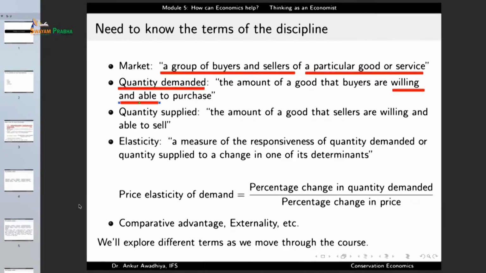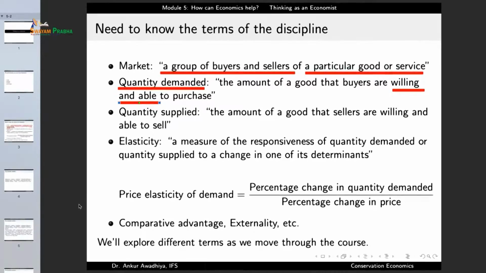Now, if you freeze the account of a potential buyer, in that case, this buyer is no longer able to procure the goods, and so the amount of quantity demanded in the market will go down. And as the quantity demanded goes down, the price will go down, and it will no longer be profitable for the seller to go and poach a tiger and bring it to the market.